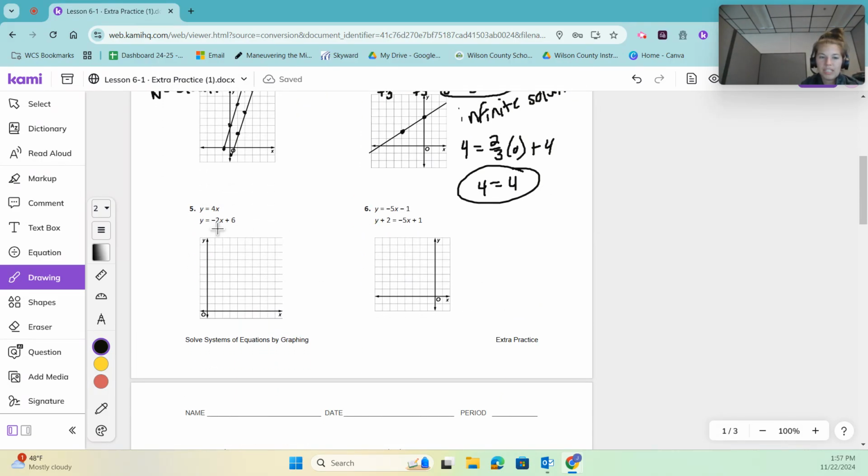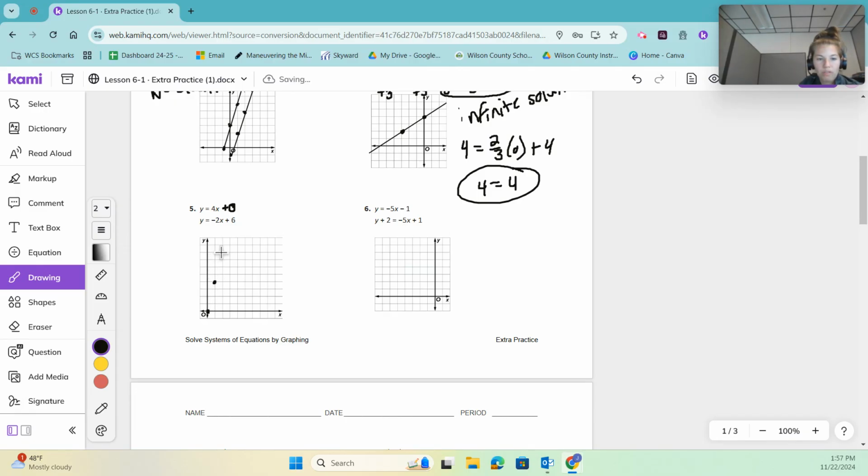Now this one, you can see the slope is different for each and your y-intercept is different. So that is going to mean that these lines do cross. This one is proportional, which means your y-intercept is 0, because there is an imaginary plus 0 at the end there. My slope is 4, 1, 2, 3, 4 over 1.